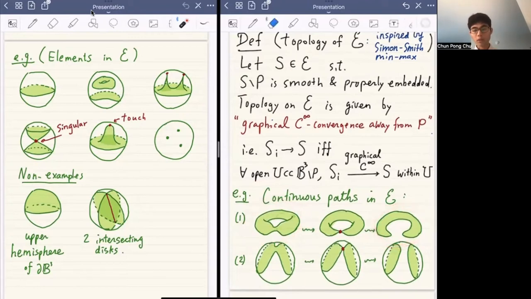So this is actually a continuous path in E. So you see, if we did not allow a surface with a finite number of singularities, this process would not be well defined, right? And similarly, in the second example, you can have one topological disk being broken apart into two. So this is also a continuous path in E.